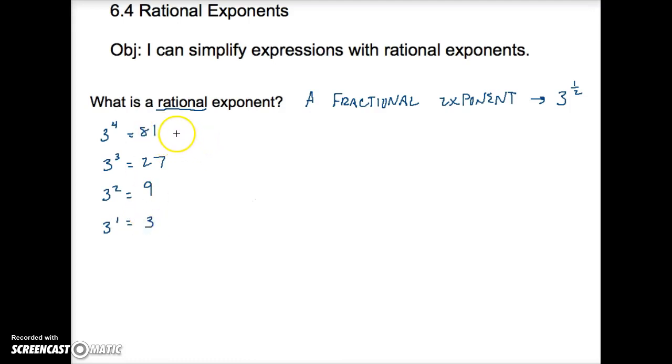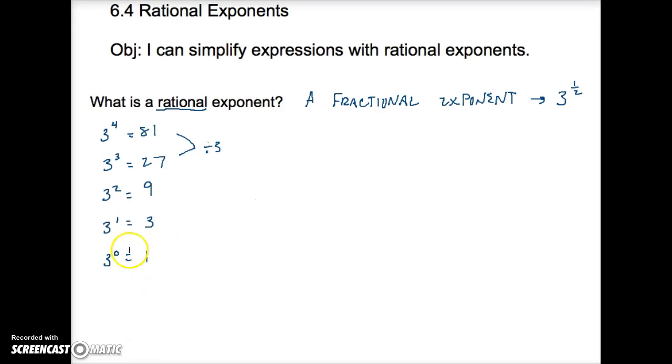And notice each time as we go down, we're dividing by 3. So it makes sense that 3 to the 0 power is 3 divided by 3, which is 1.